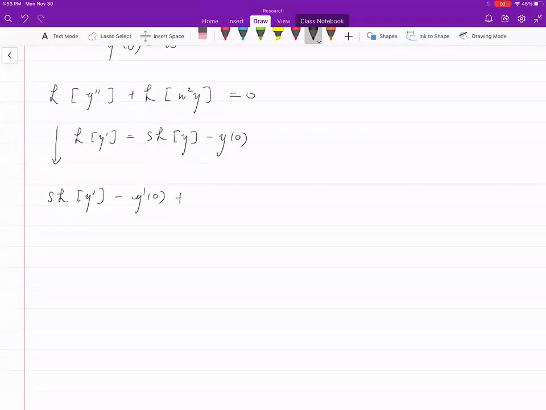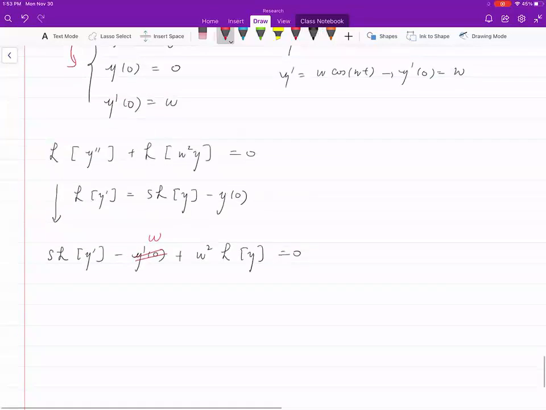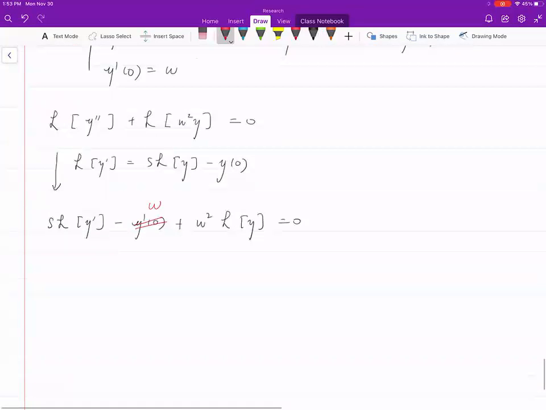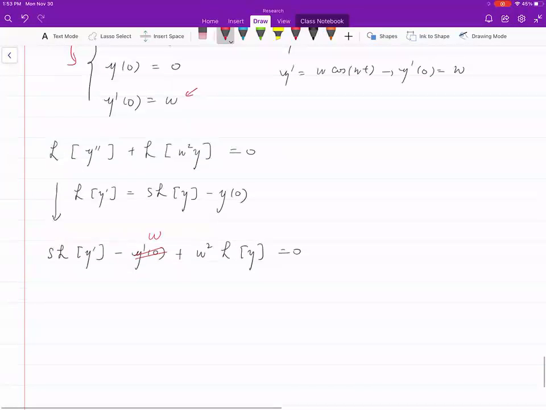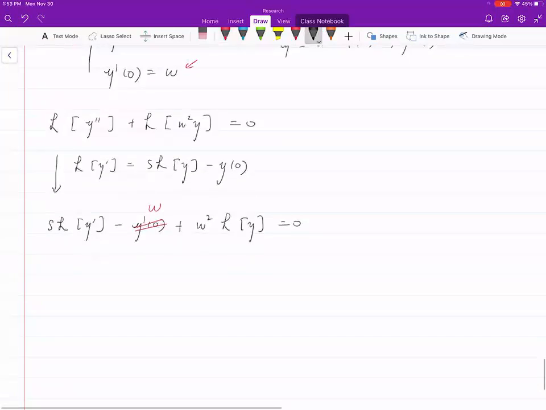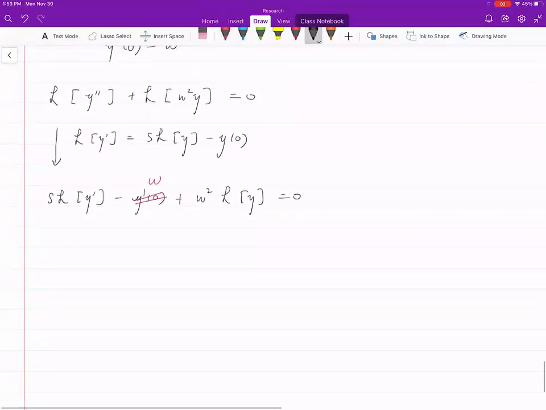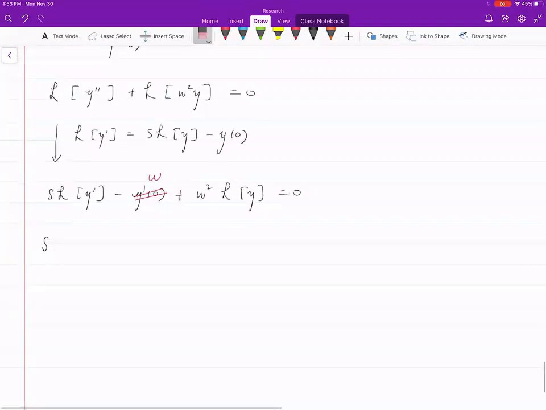Omega is a constant, so take it out. And you know this is omega according to your setup. Now you have another L of y prime, so do it again.